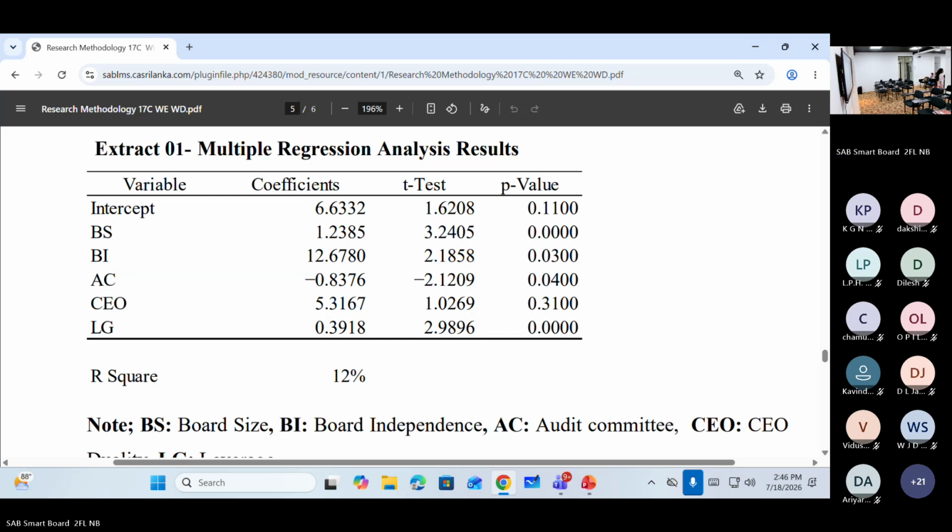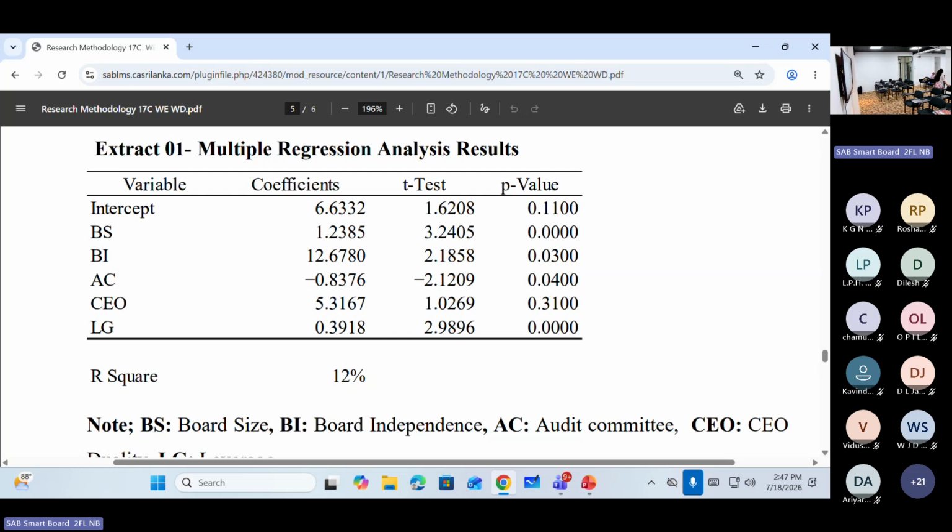But the researcher highlights that companies should not focus on CEO duality in enhancing what? In enhancing financial performance, very good.